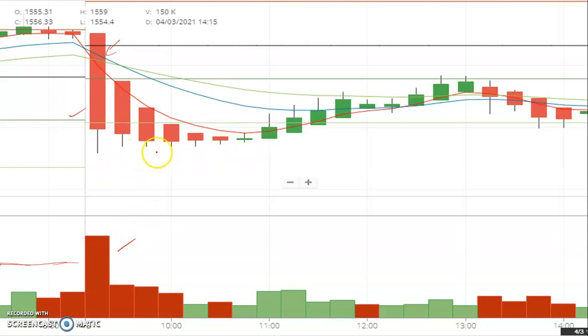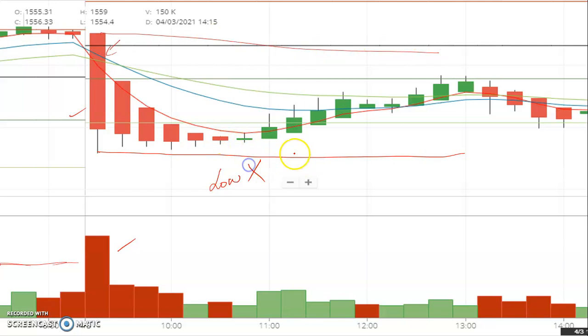But what happened in this strategy was, this signal candle's low was not broken. So for the entire day the stock moved sideways.